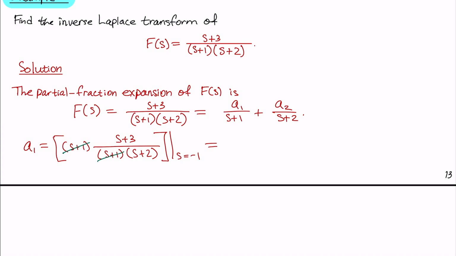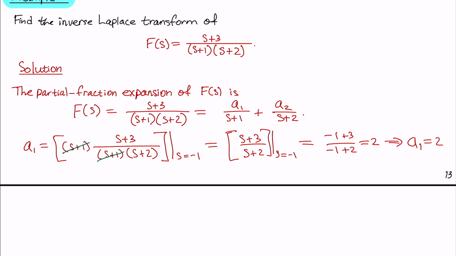The (s + 1)'s cancel in the numerator and the denominator, and so we will get here (s + 3) divided by (s + 2), evaluated at s equals minus 1, which we can substitute in. We'll get minus 1 plus 3, and then minus 1 plus 2, and this will be equal to 2, such that our A1 is equal to 2.